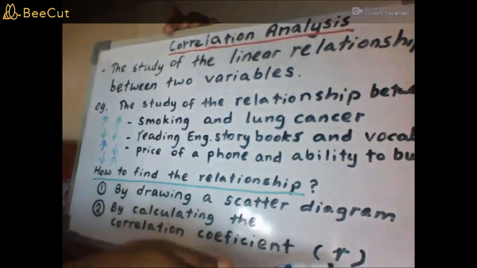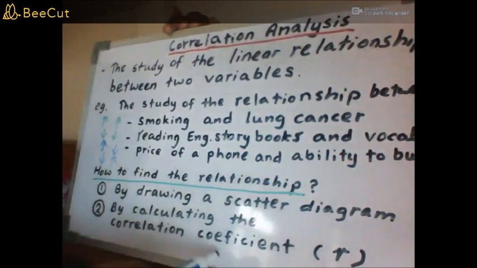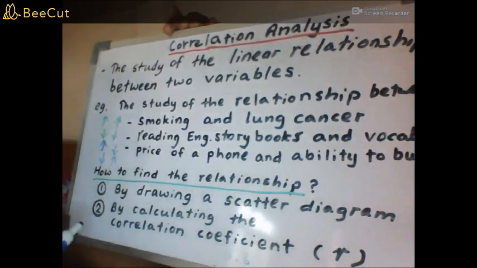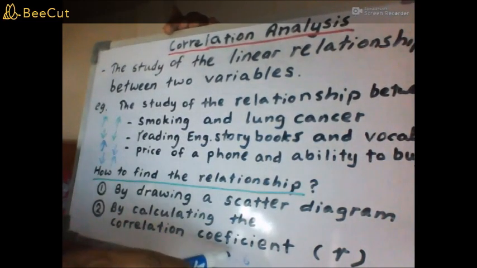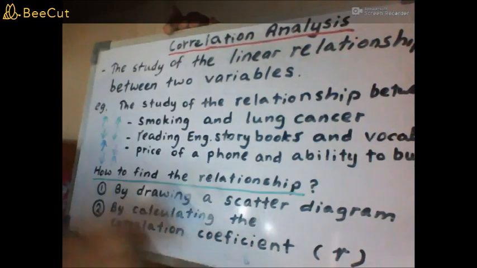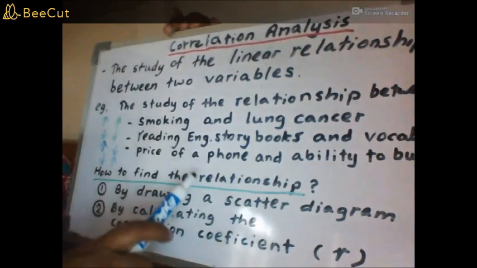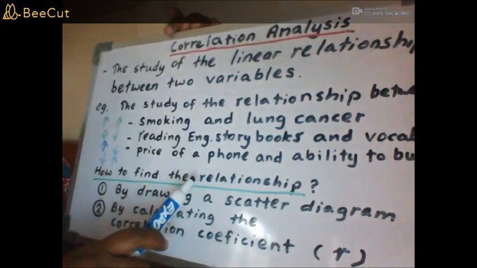It's a value, a raw value. Maybe it's 0.6, something like that. This coefficient lies between -1 and +1. I'll explain these things to you later. So there are two ways of finding the relationship between two variables.